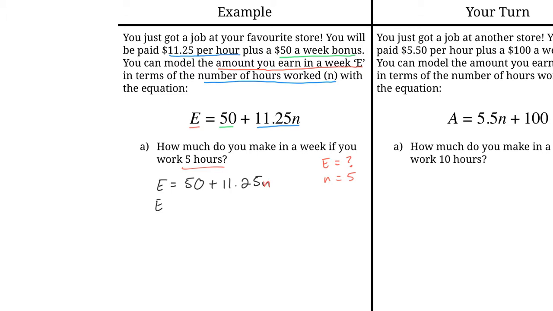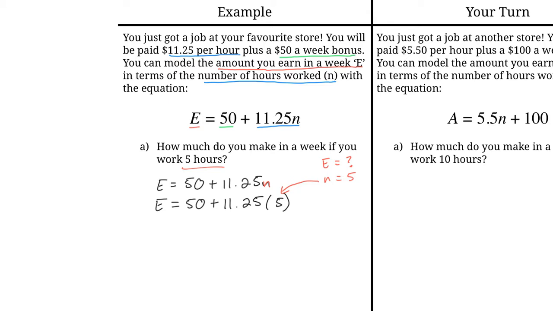So our equation is E equals 50 plus 11.25, and instead of N, I'm going to put 5 in brackets, because this really means 11.25 multiplied by 5. So again, since N is equal to 5, I've taken N in our original equation and just substituted 5 in for N.